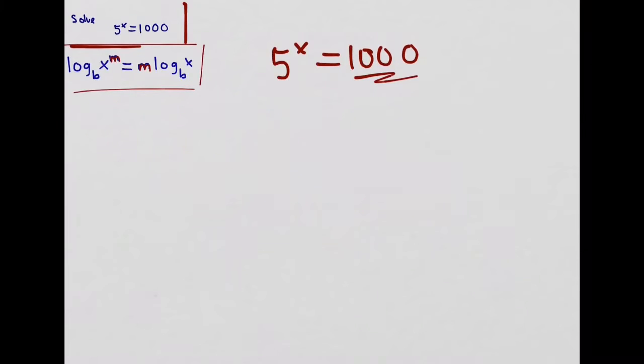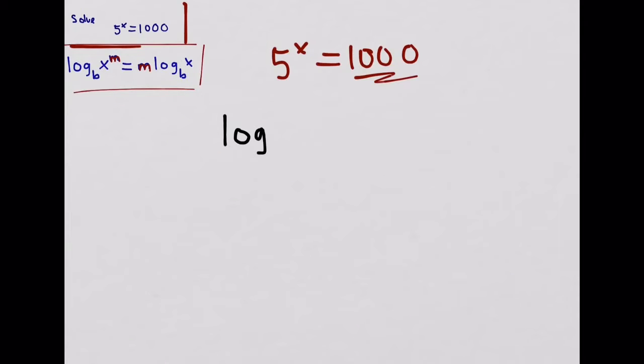So take the log base 10 on both sides of this equation, and I'll have log of 5 to the x equals log of 1,000. Like we said, the right side is pretty simple.